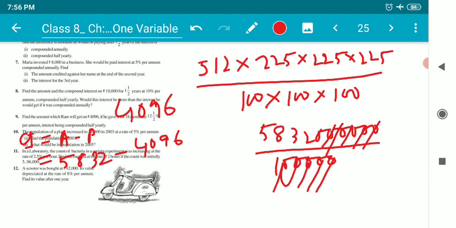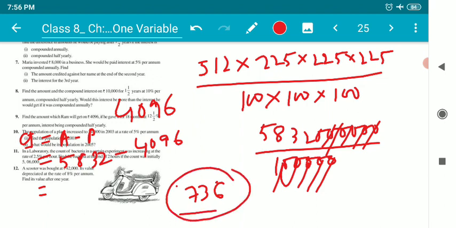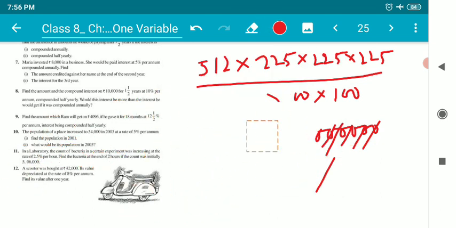This one will be 1736. Okay, 1736 rupees to be paid as an interest amount. So children, this is how we can simply get the answer of this kind of question.